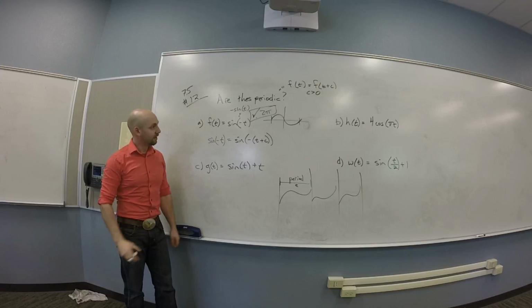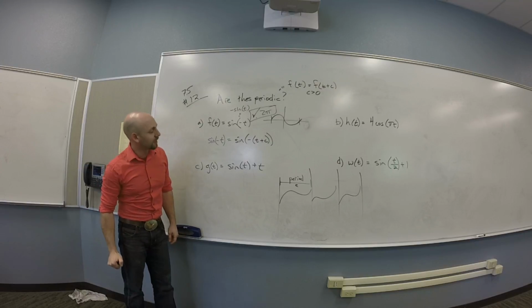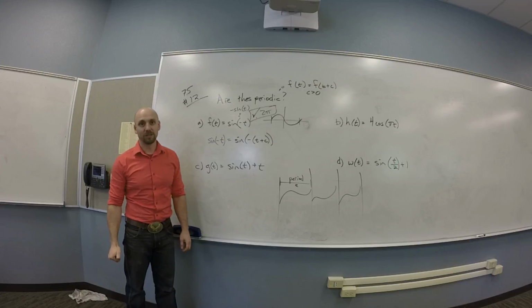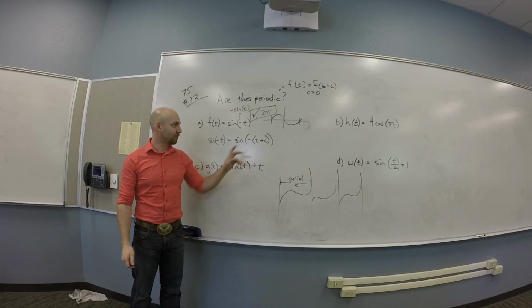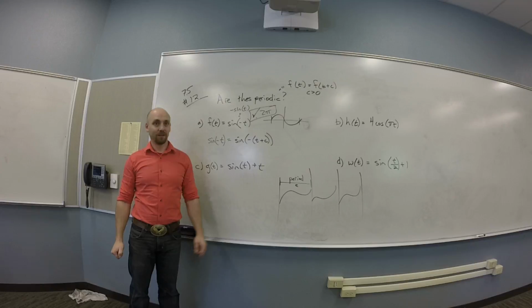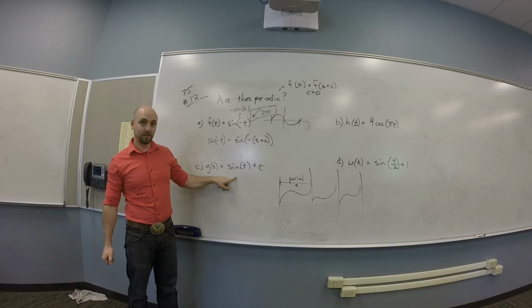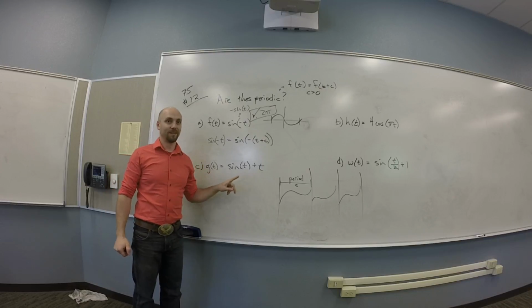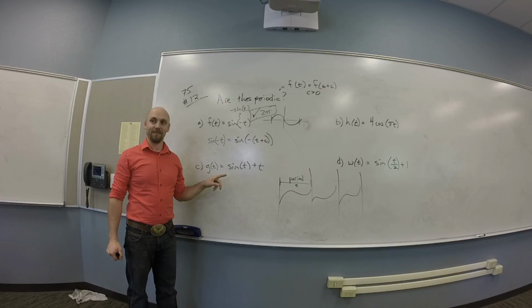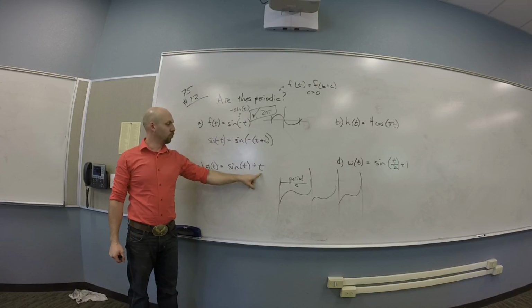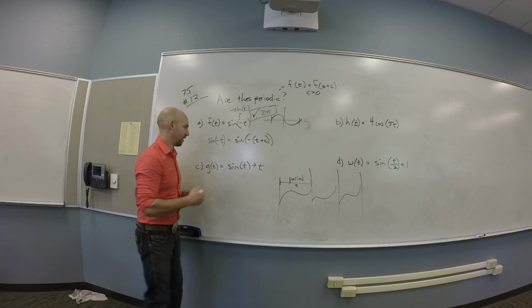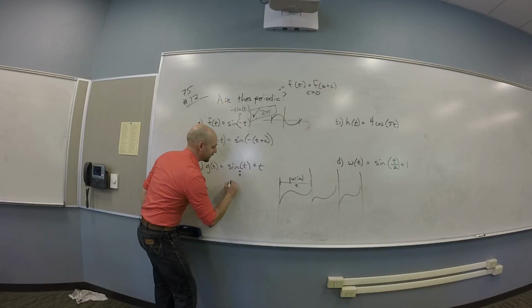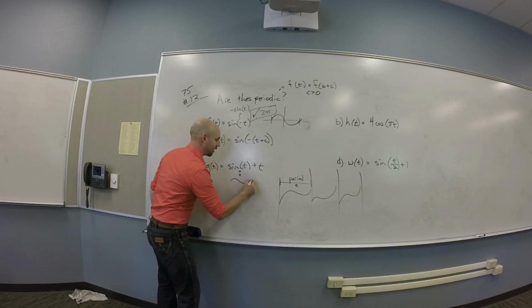First one. Okay. Let's see. Other things that look like obviously trig functions. Which one of these other ones is going to be the next easiest one? C? It's just a regular sine function shifted up by t. What if I thought of this as the usual oscillating sine curve?